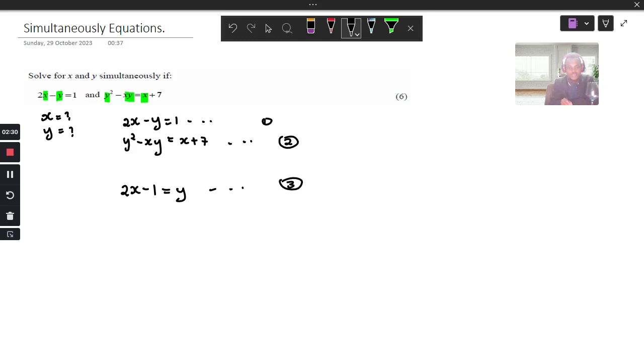Since now you know that you can write y in terms of x, you can go to your equation number 2, because once you use an equation, you cannot use it again. You cannot write y as the subject of the formula from equation number 1 and then plug 2x minus 1 into the very same equation.